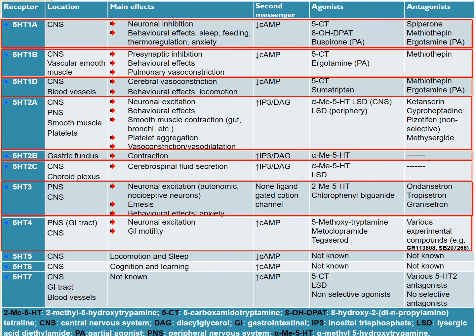Then the eighth receptor is the 5-HT4 receptor. It is located at the peripheral nervous system, at the gastrointestinal tract and the central nervous system. It is mainly involved in functions like neuronal excitation and gastrointestinal motility. The secondary messenger of the 5-HT4 receptor is cAMP. It functions through increasing the intracellular concentration of cAMP. The agonists of the 5-HT4 receptor are 5-methoxytryptamine, metoclopramide and tegaserod.